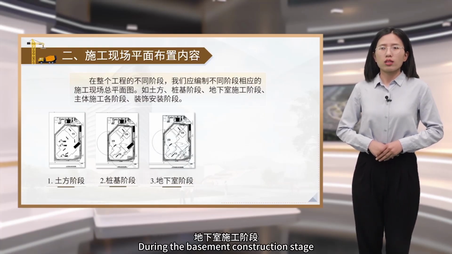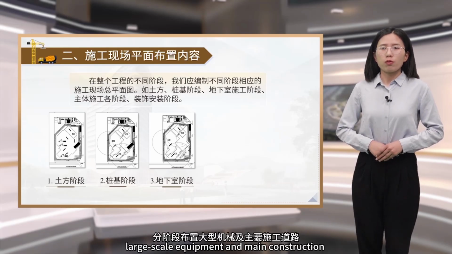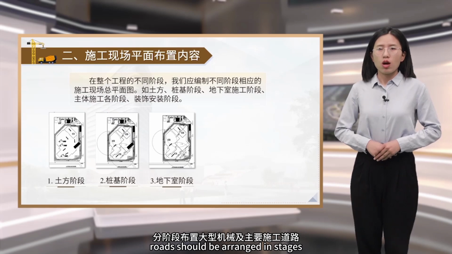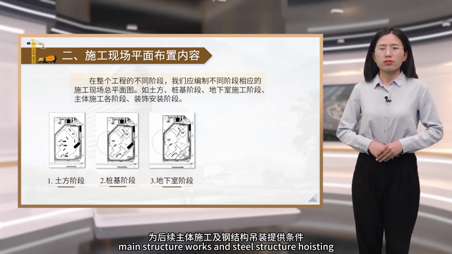During the basement construction stage, according to the basement construction plan, large-scale equipment and main construction roads should be arranged in stages. Ensure proper site conditions for the upcoming main structure works and steel structure hoisting.